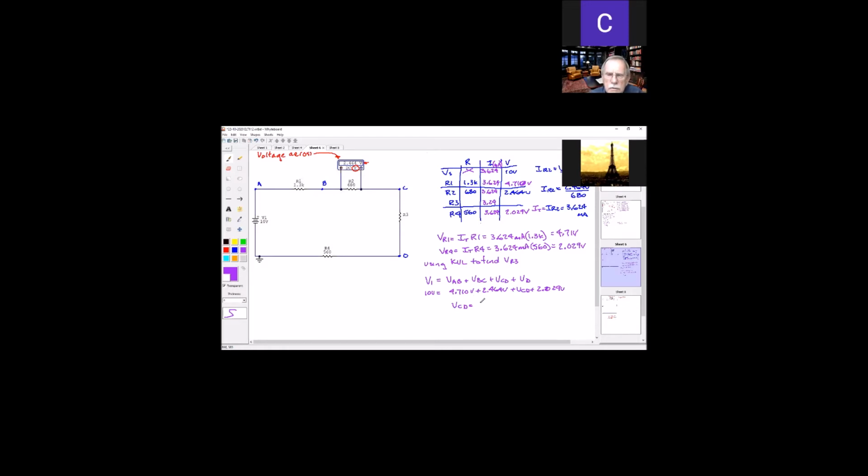So this works out to be 0.7970 volts. So now we've calculated this to be 0.7970.